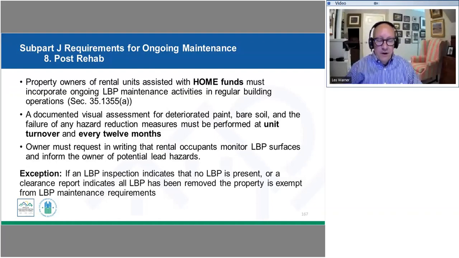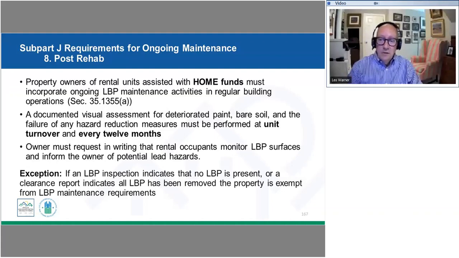Also, if our scope of work was that we actually removed all lead-based paint, then we could be exempt. I just want to clarify here, a lot of times when people hear the word abatement, they think that means all lead-based paint has been removed from the property. That's not necessarily the case. Abatement might mean that we have mechanically attached something that is covering, encapsulating that lead.